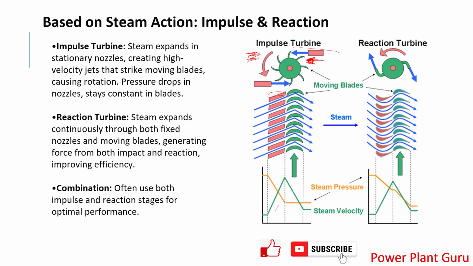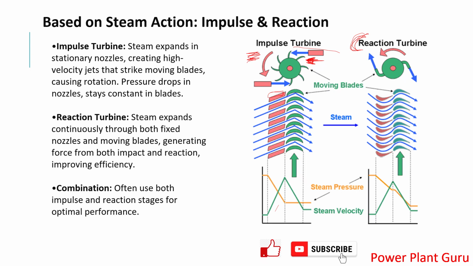Different here in the case of the reaction turbine, where you are utilizing a reaction type where your steam is gliding over the blades to push them in the opposite direction.